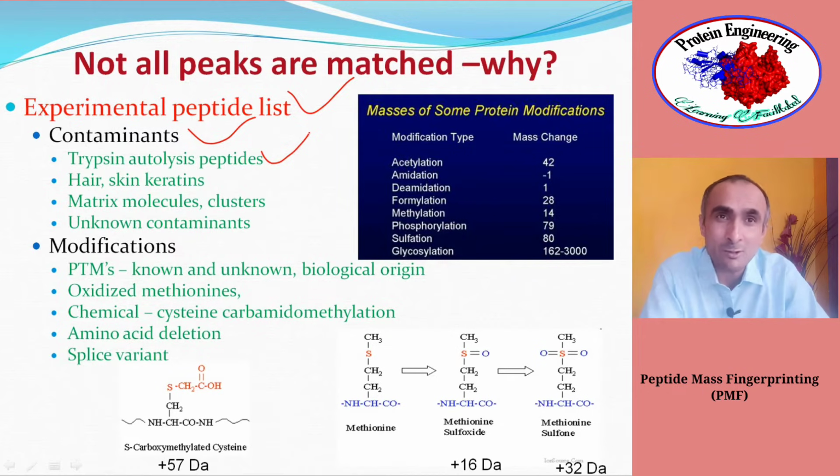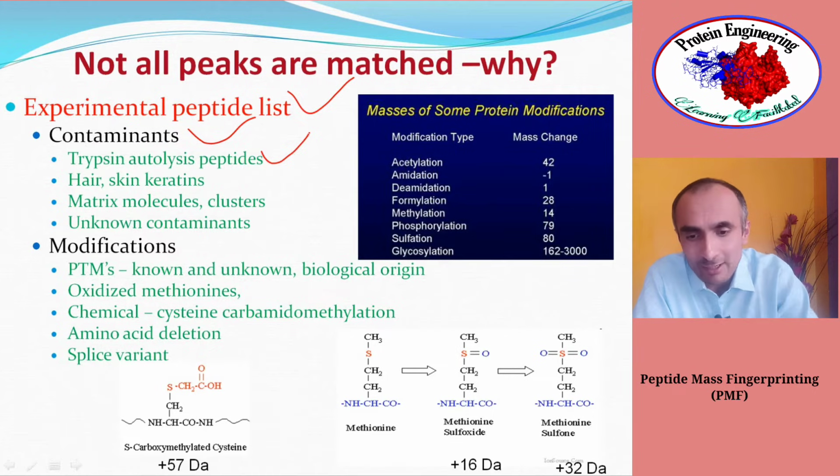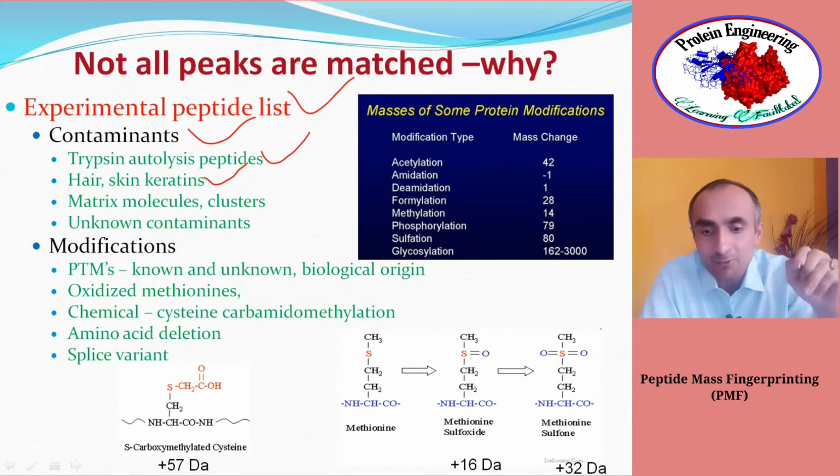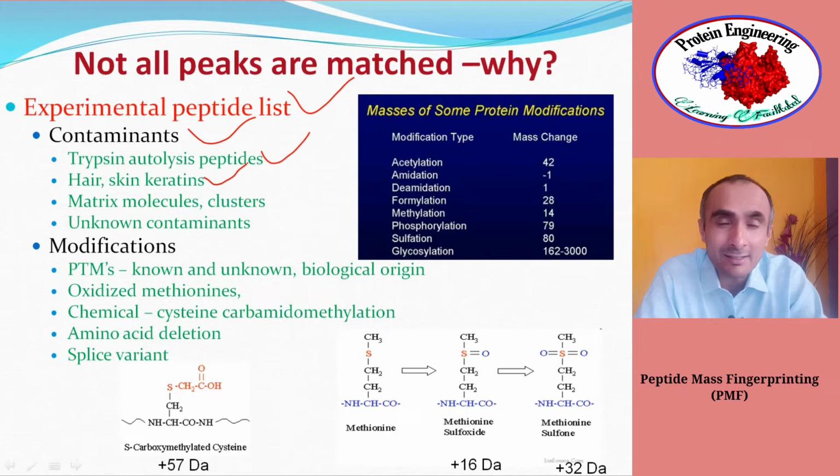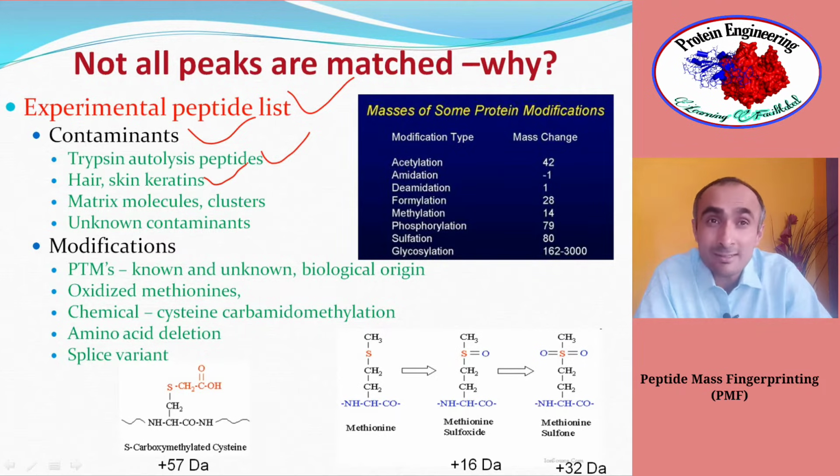So trypsin peptides also would be there, which naturally will not match with the theoretical spectra. Or if you have any other mixing of, say, hair or skin keratin from the user, those keratin proteins are present in the sample additionally, so that also will give rise to peptide fragments when you treat with trypsin. So those will not be matching, of course.